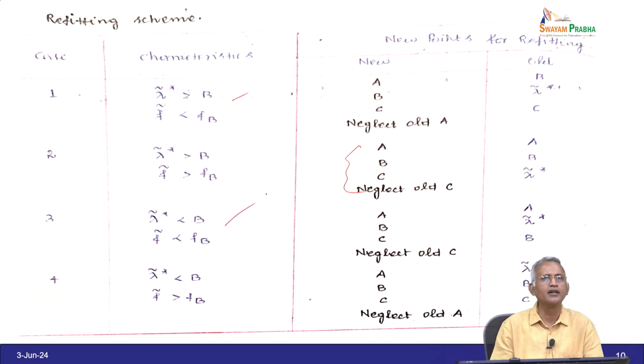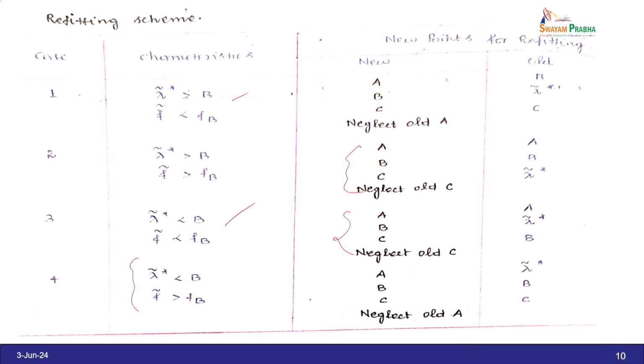If lambda star tilde is less than b and f tilde is less than fb, corresponding a, b, c; neglect old c and a, lambda bar star, b will come. And fourth, we have lambda star tilde less than b, f bar greater than fb. So a, b, c, and neglect old c and corresponding refitting of lambda bar, b, c generated.